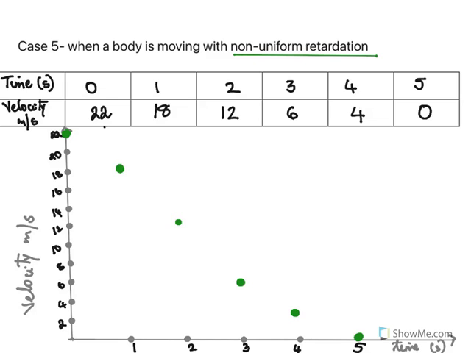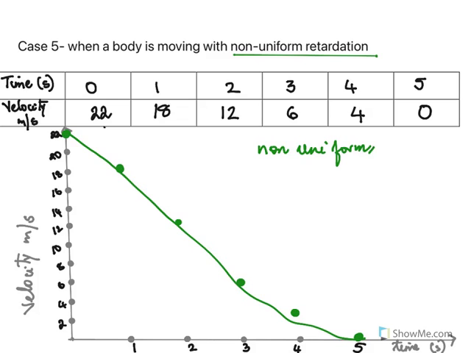Now if you join these points, it's not a straight line. It will be like a curve. So this is non-uniform retardation. If you notice here the difference is 4, here the difference is 2, here difference is 6, here difference is 6, here difference is again 4.